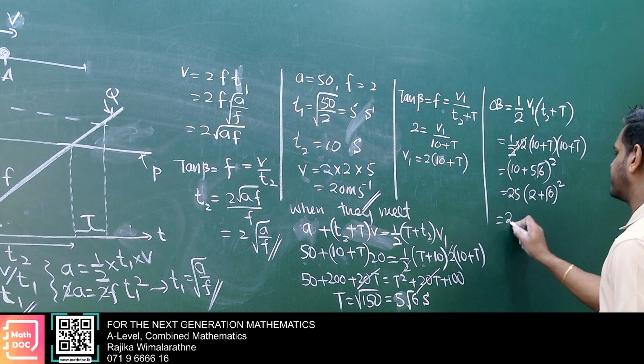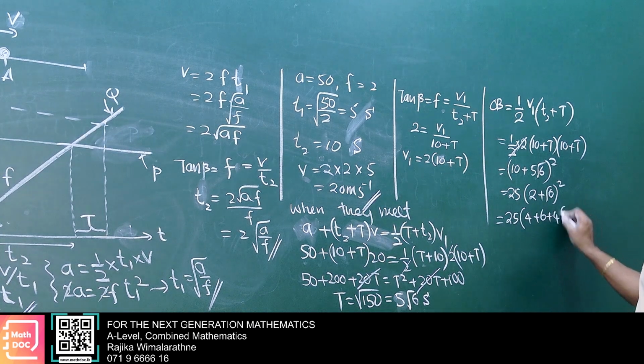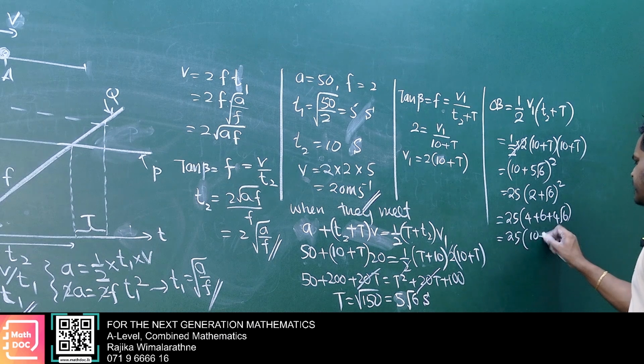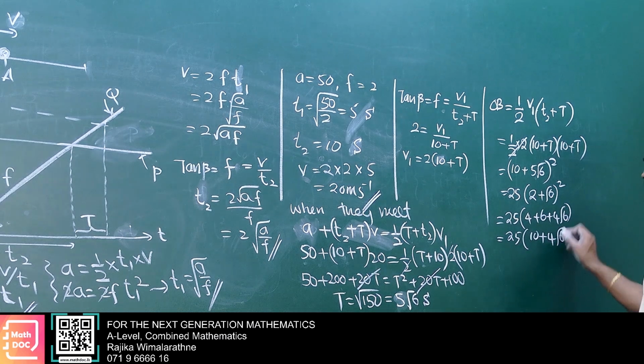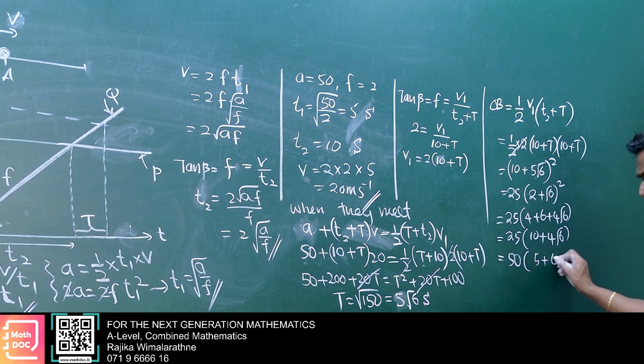Expand: 4, 6, 4 root 6, that is 10 plus 4 root 6. Take 2 outside: 50 times 5 plus 2 root 6.